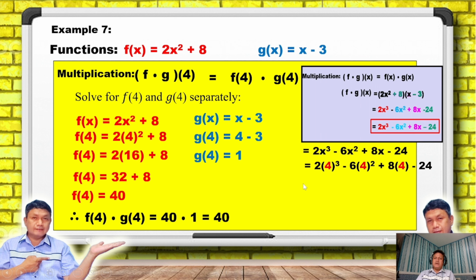Then if we will try to simplify, this will become 2 times 64 minus 6 times 16 plus 32 minus 24. So yung 8 times 4 is 32. Next, we have 2 times 64 is 128. Negative 6 times 16 is negative 96 plus 32 minus 24.